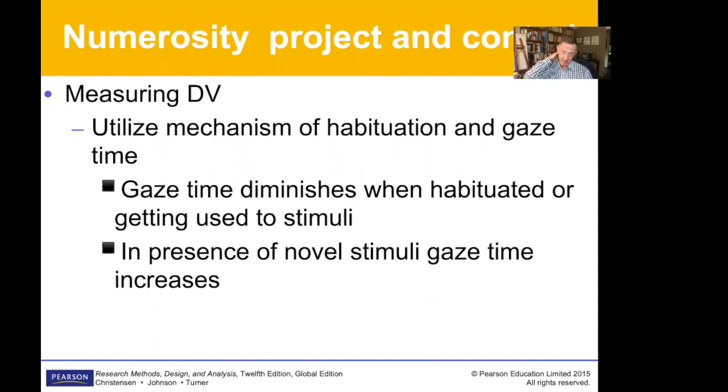Then measuring the dependent variable, which is one of the most fascinating things about this project. Remember what I said, you don't know what the chicken thinks, except by observing him and making your own inferences, but you also don't really know what a baby thinks, except if you see the baby cry, laugh, and so on. But they discovered a mechanism called habituation, which happens when a baby gets used to a particular stimulus.